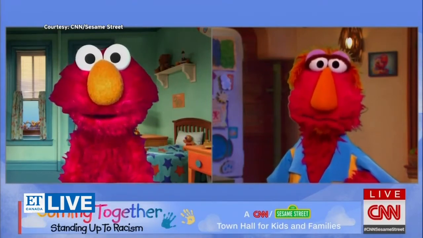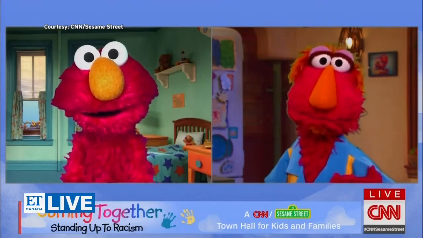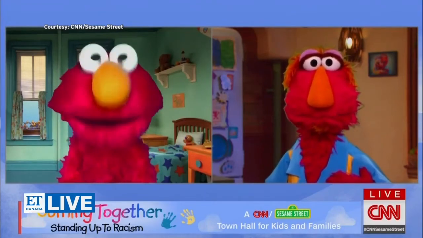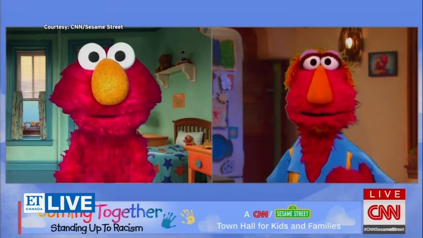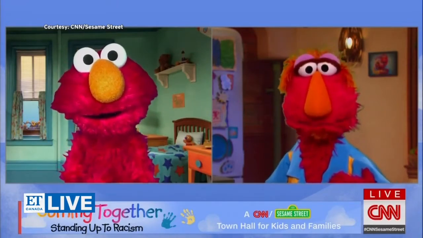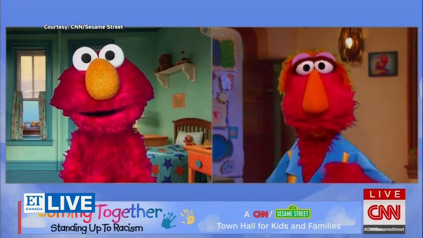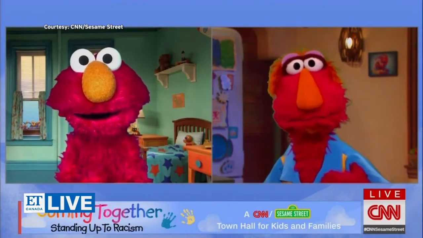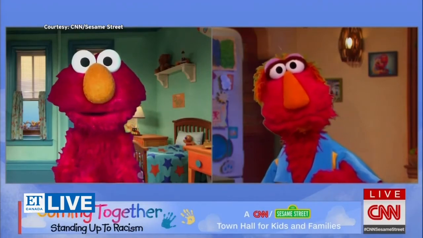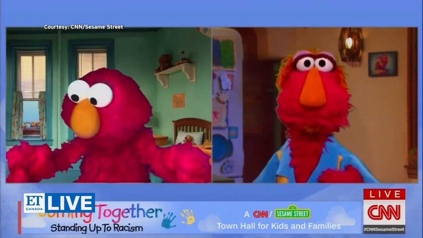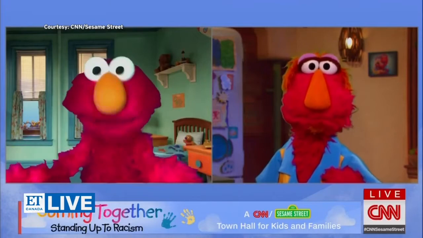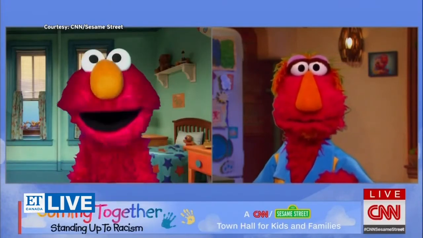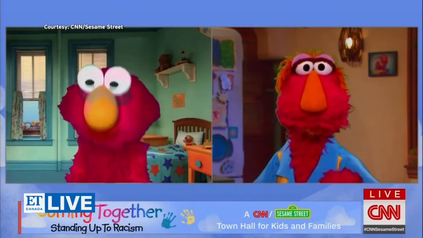People are upset because racism is a huge problem in our country. Racism? What's that? Oh, racism is when people treat other people unfairly because of the way they look or the color of their skin. The color of their skin? Oh, Elmo doesn't understand, Daddy. Elmo has friends with different types of skin. Oh, and fur, too.